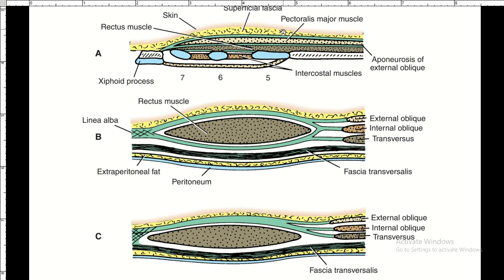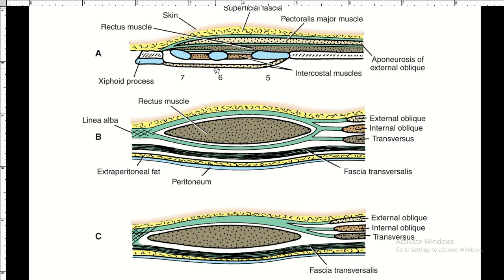But at the level above the costal margin, the anterior wall is only going to be made from the external oblique aponeurosis. Why? Because the internal oblique and the transversus aponeurosis originate below the costal margin. So if we extend above the costal margin, we are going to see the aponeurosis of the external oblique. So in the anterior wall of the rectus sheath, you're going to have the external oblique.